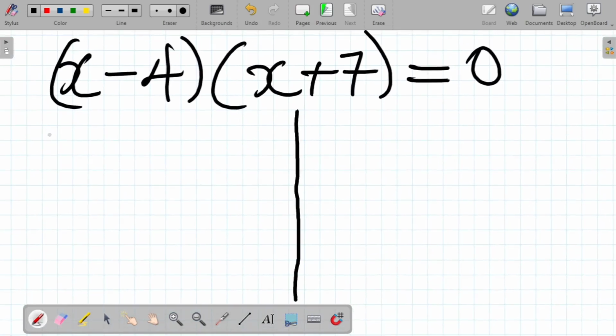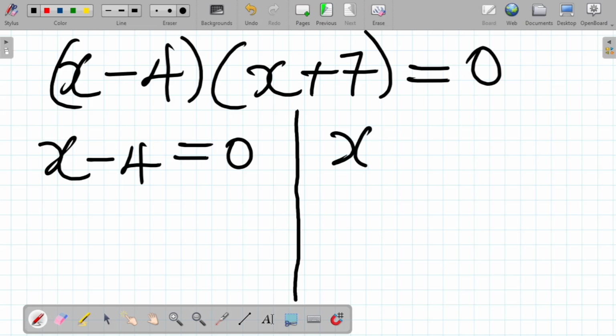Our next task here is to equate each of the brackets to 0. So here we have x minus 4 is equal to 0, and then x plus 7 is equal to 0.